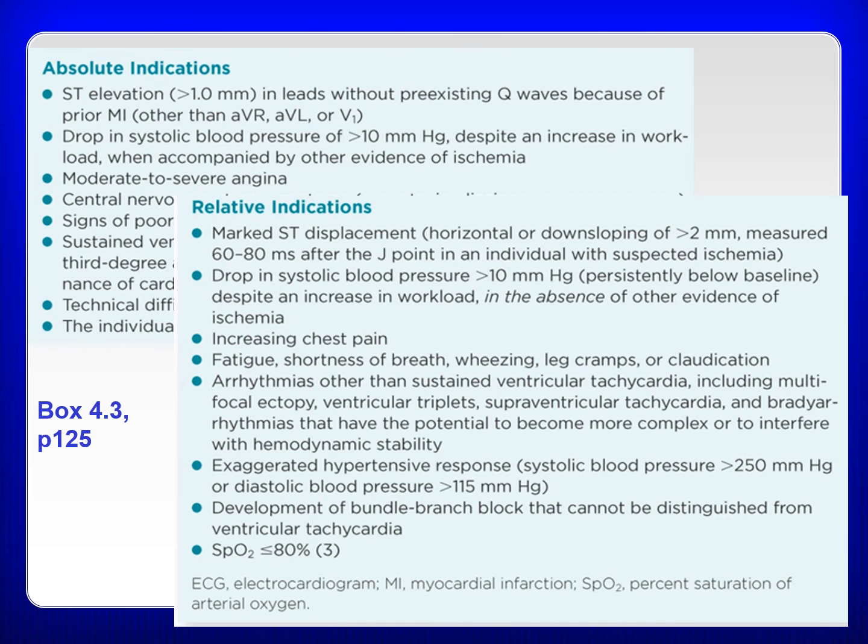A person is starting to have chest pain, leg cramps, wheezing, or an extremely high blood pressure response of greater than 250 for systolic, or diastolic greater than 115, or if you're assessing their oxygenation, if that gets less than 80, and that's going to come into play later on with some of our pulmonary diseases. It's a relative indication, and that means that you make the decision to stop it. It's not absolutely stop. You might keep going.